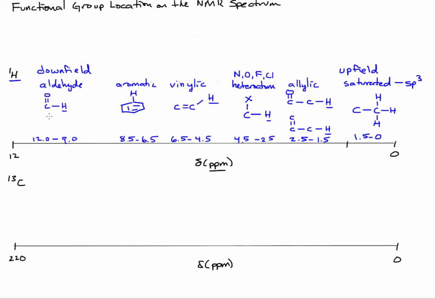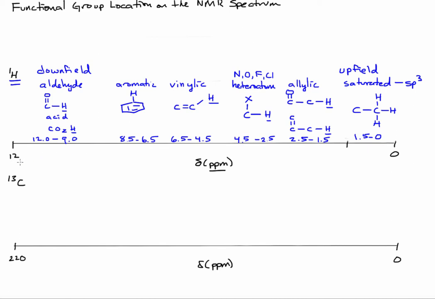Additionally, you'll see acid, CO2H, this hydrogen. In the acid, this acid hydrogen typically occurs as broad. In the aldehyde, it's fairly narrow looking. So what we've seen for proton NMR is that over the chemical shift range from 0 to 12, the functional groups are spread out. They don't all occur in one region.